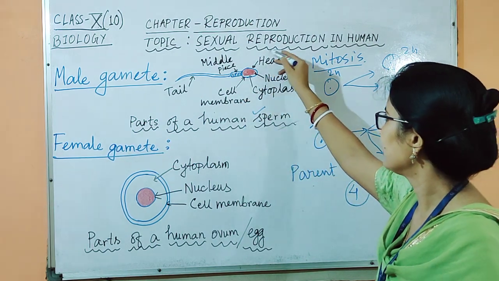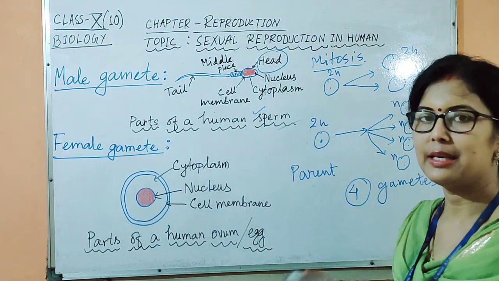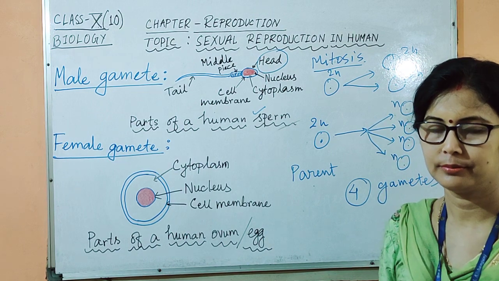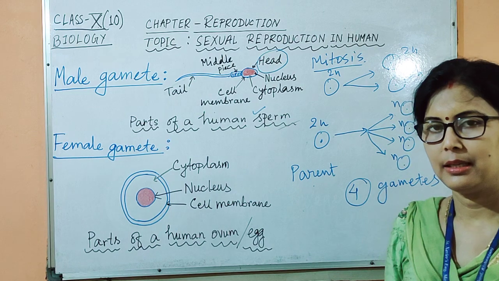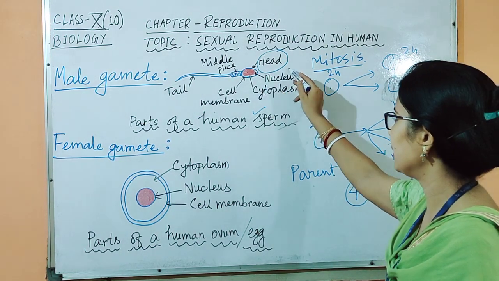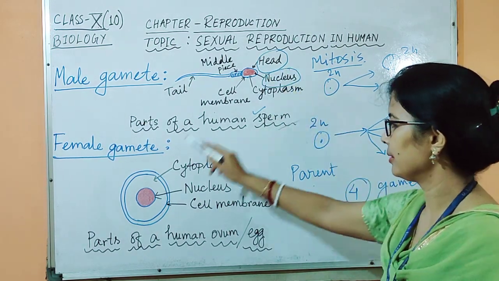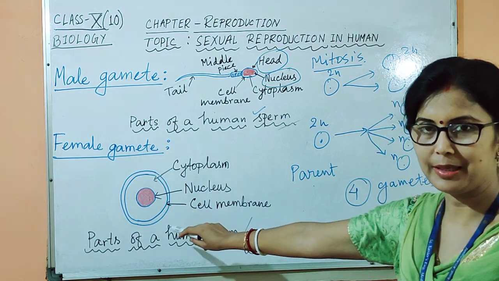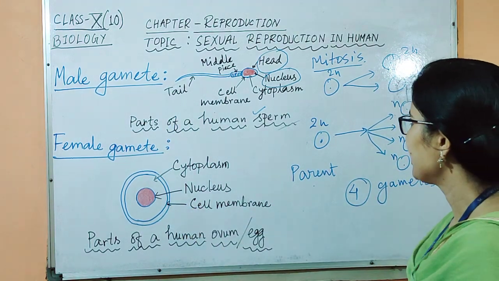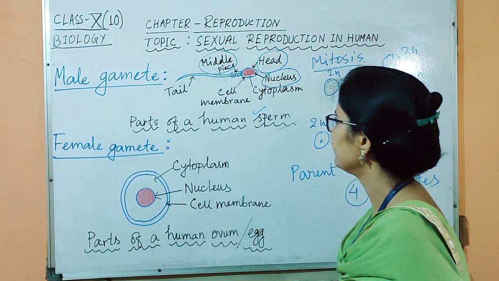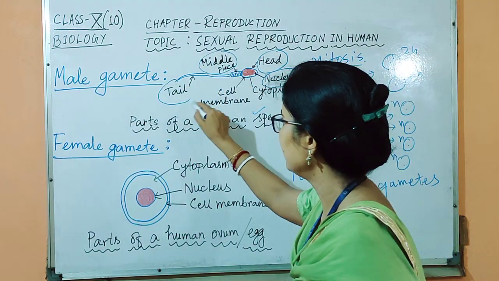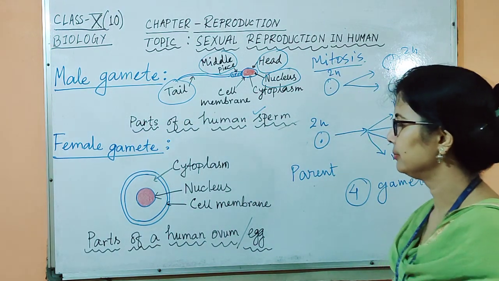This head portion is the most important part, because during penetration, this head part, the nucleus, actually penetrates into the female gamete. The next part is the middle piece, and finally it is the tail.